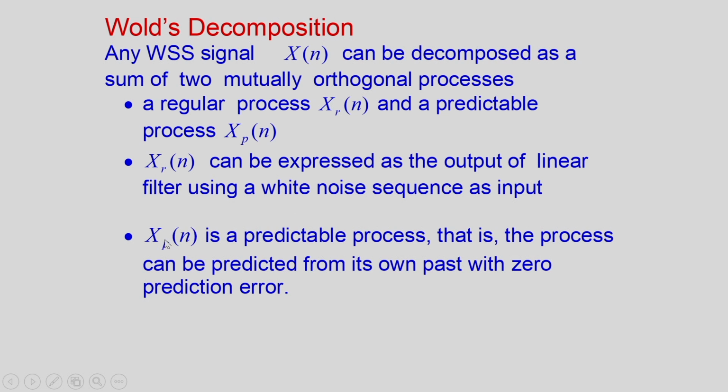Now, XP[n] is a predictable process. For example, it is a harmonic process. That is, the process can be predicted from its own past with 0 prediction error. For example, in the case of a sine, if from the past values we get phase and amplitude, then we can predict this process without any error.